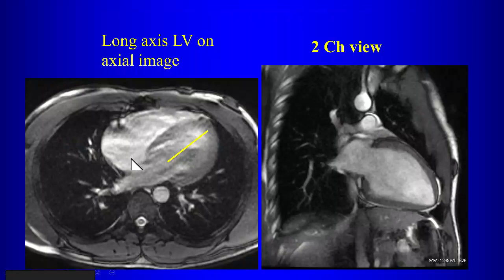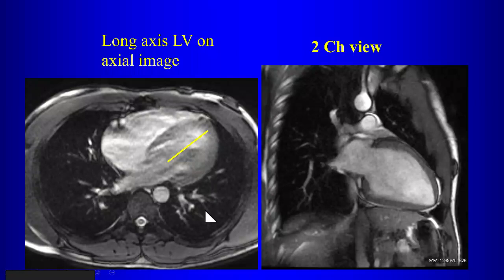And if the heart is sitting on top of the diaphragm relatively nicely, an axial image will almost look like a four-chamber view, right? You're used to this from CT, that sometimes your axial images on CT look just like four-chamber views. That's because the heart is sitting nice and flat on top of the diaphragm.